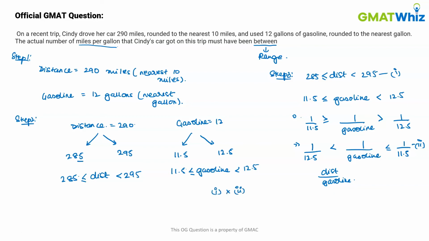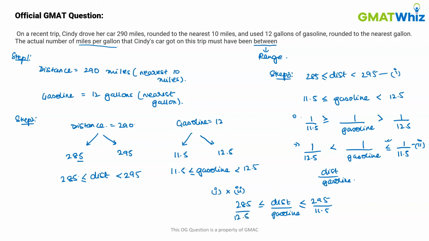So this gives me distance less than 295, greater than or equal to 285, and since I will be multiplying with equation 2, I will have distance over gasoline less than or equal to 295 over 11.5. Now keep in mind, guys, we are changing this to less than or equal to since there's an inclusive sign here. And similarly 285 divided by 12.5.